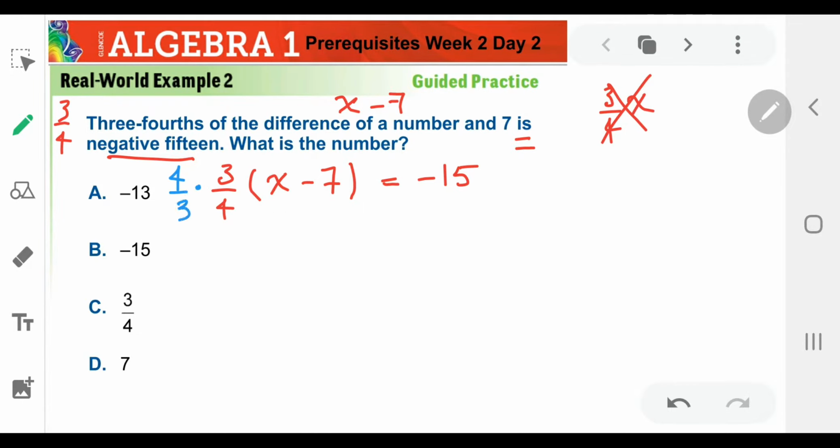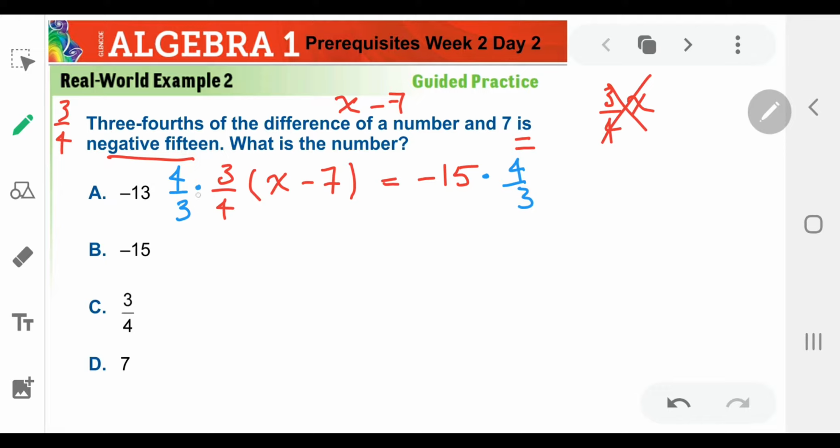What is the reciprocal? The reciprocal is the same fraction but flipped. It is 3/4, so I would multiply it by 4/3. And as we said earlier, in balancing the equation, you can never multiply one side. You have to multiply both sides. So I decided to multiply both sides by 4/3.